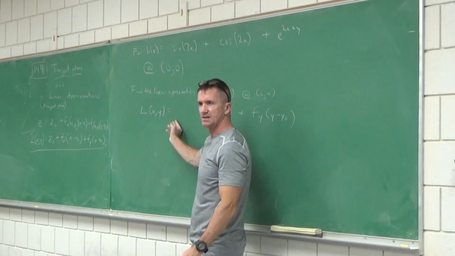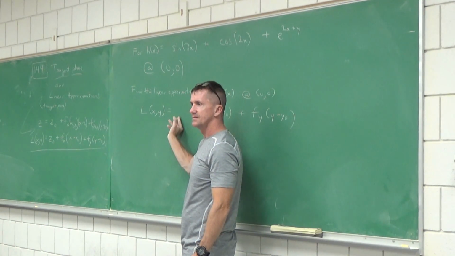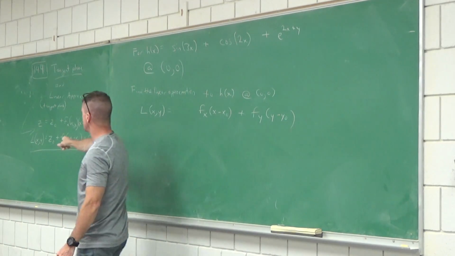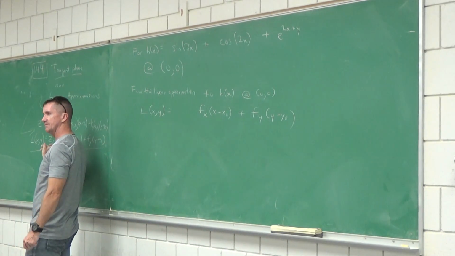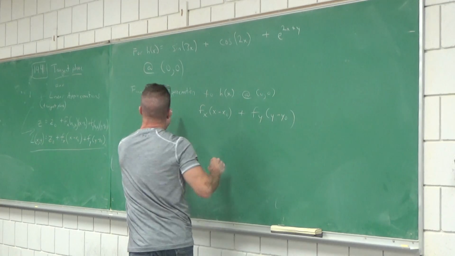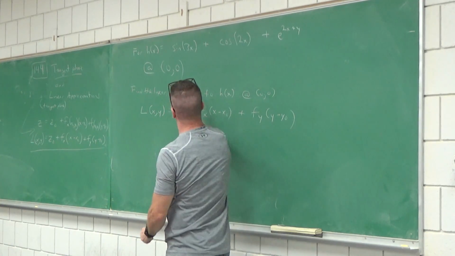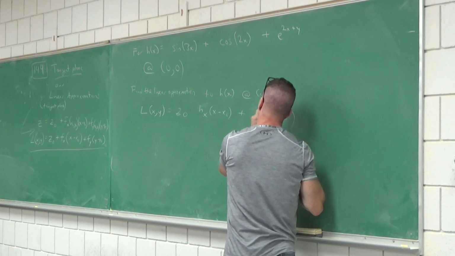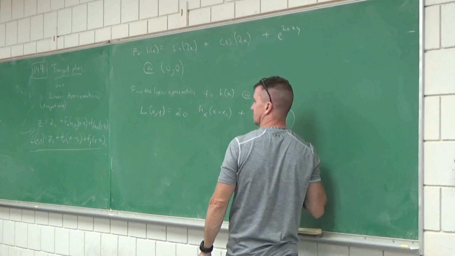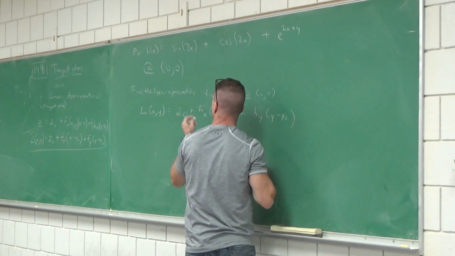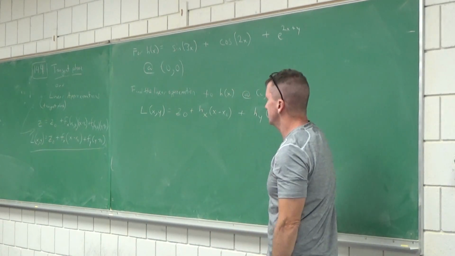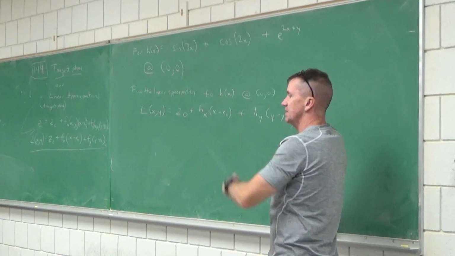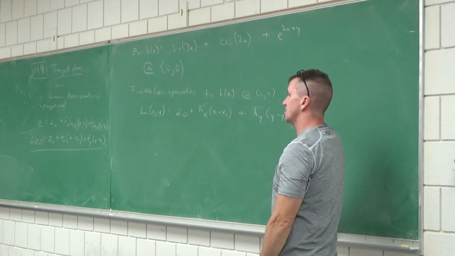The z naught. When you do this, there's a z naught added to that, right? I'm going to put that here. The second thing is, this wasn't an f, it was an h, so I can use h sub x, h sub y. This is looking good, right? And I just have to add this to this. That's all. This would be the linear approximation to h at 0, 0.